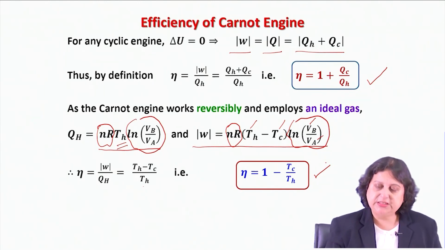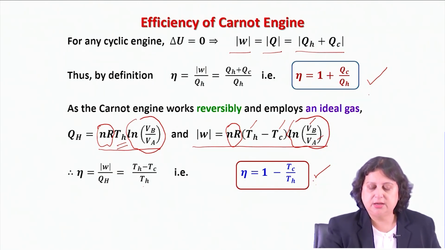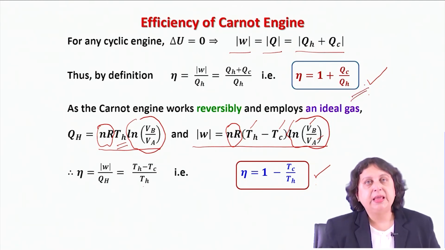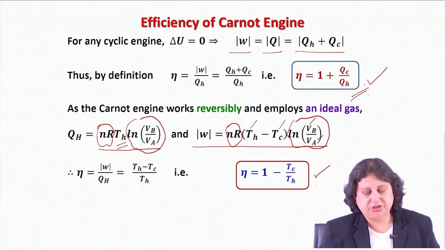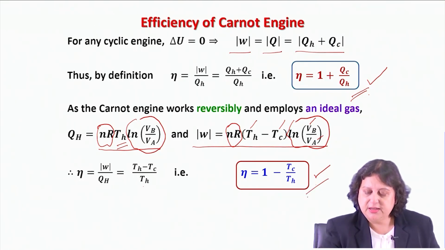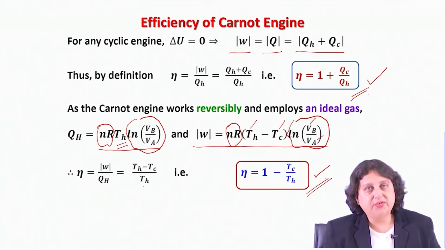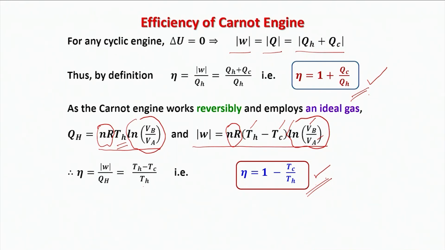So what's the difference between these two expressions? While this expression is valid for any cyclic engine, this expression is valid for a reversible cyclic engine that is exemplified by the Carnot engine. But for a Carnot engine, now I can equate these two quantities.